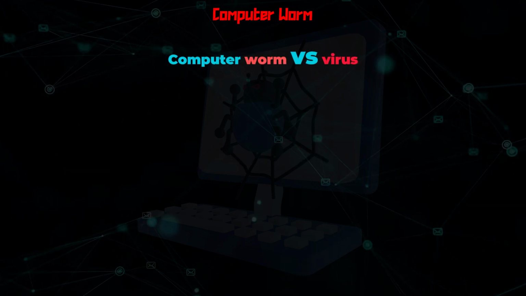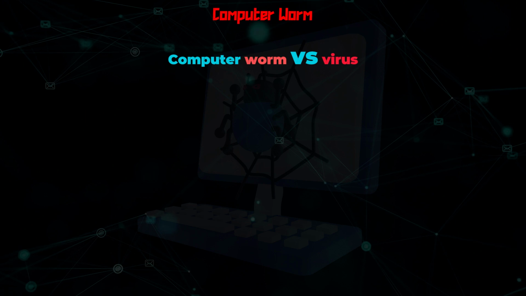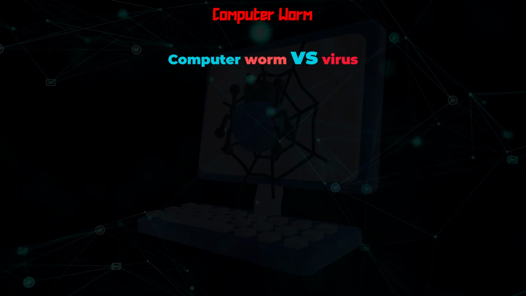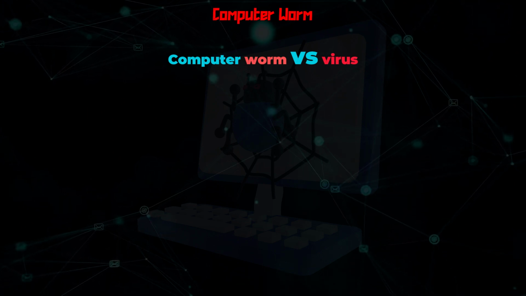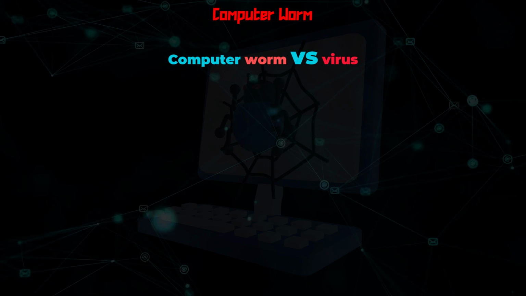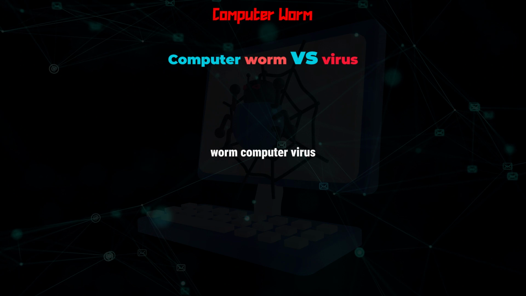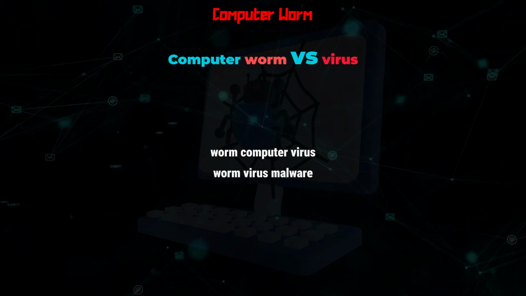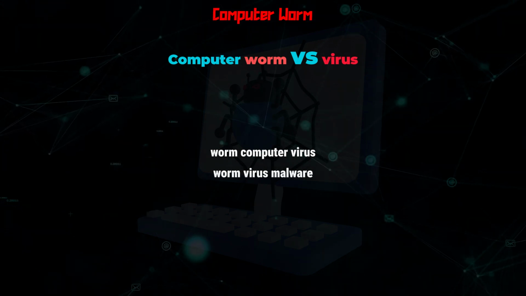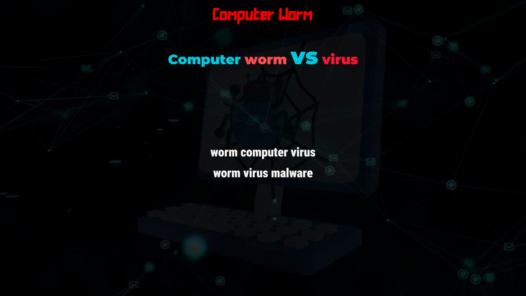Computer worm versus virus. Some people think that a computer worm and computer virus are the same thing because the two behave similarly. They may even use terms like worm computer virus or worm virus malware. The truth is that the two are comparable but different threats.